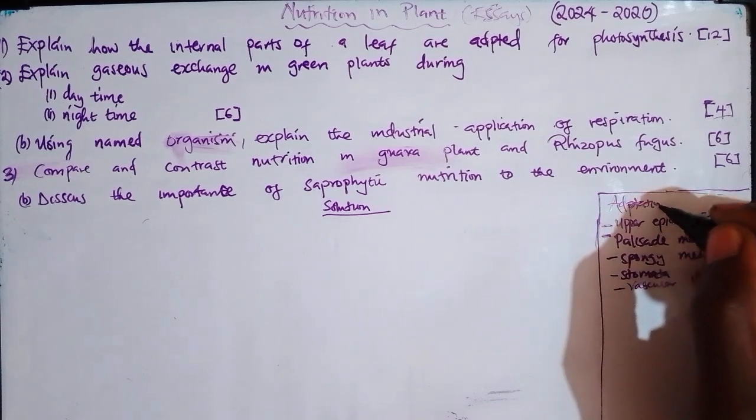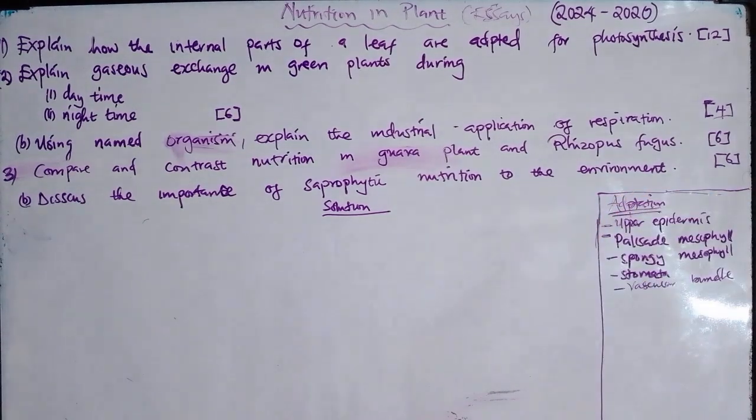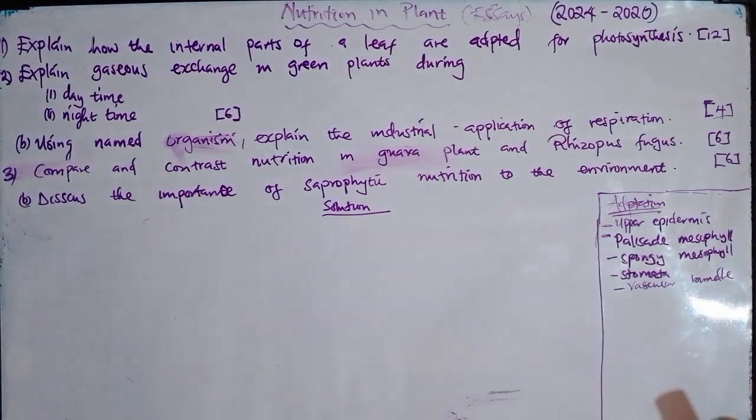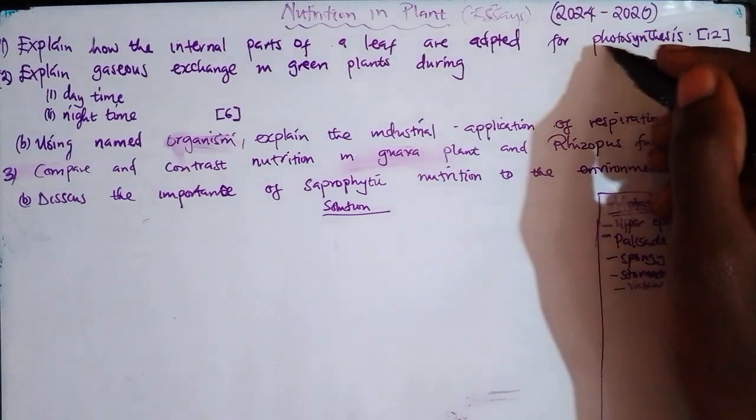Adaptation. So now let's explain them in detail, because this is a 12-mark essay. You have to write something on each of the points. So how can you begin a question which is saying explain the internal parts of the leaf? First, define a keyword which can be defined. Which one? Photosynthesis.